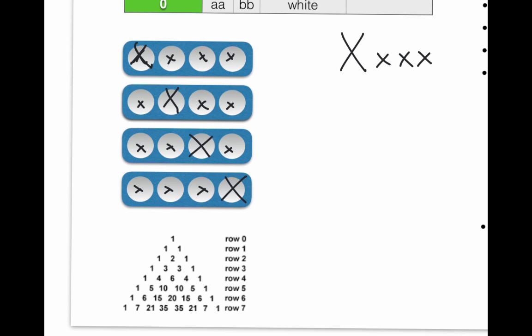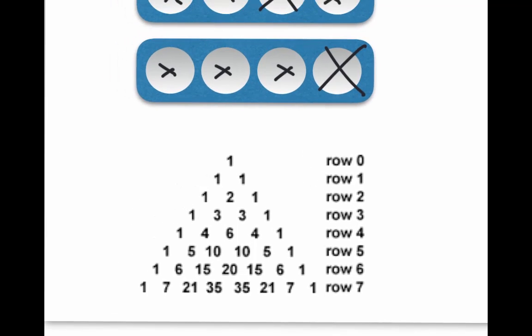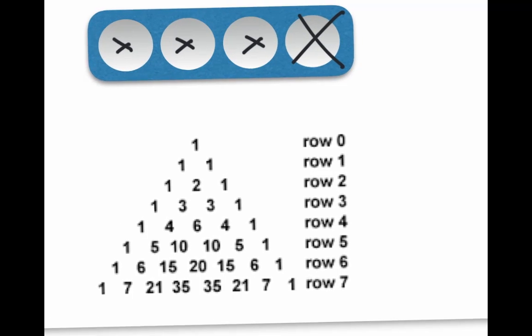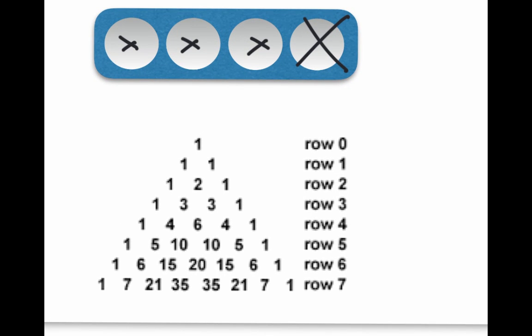There are 4 possible ways in which you can form this type of genotype regardless of the position of the large X. Now, for that, we actually know how to deal with. And the answer is that to deal with that, we can take the Pascal triangle. And this type of situation is the one that can be identified by this row.